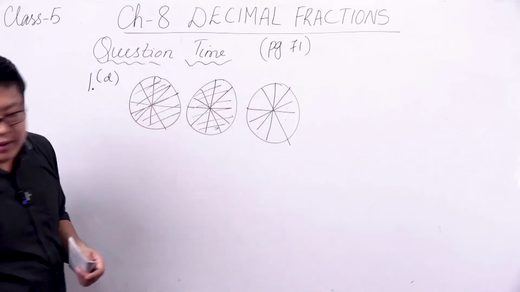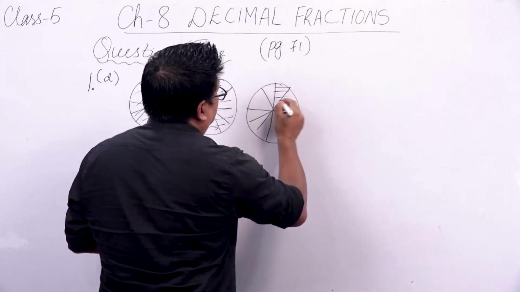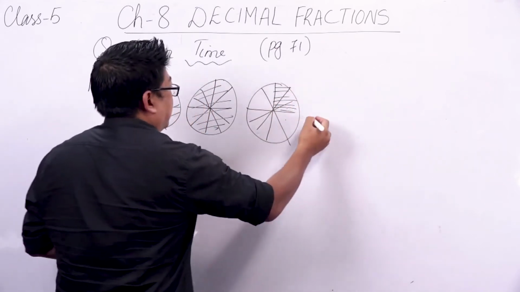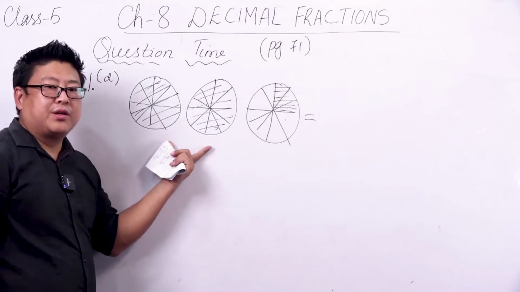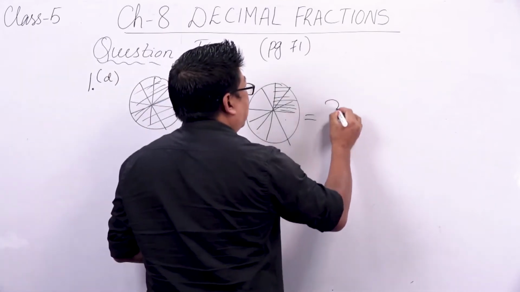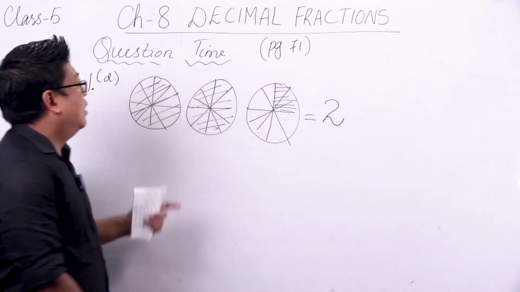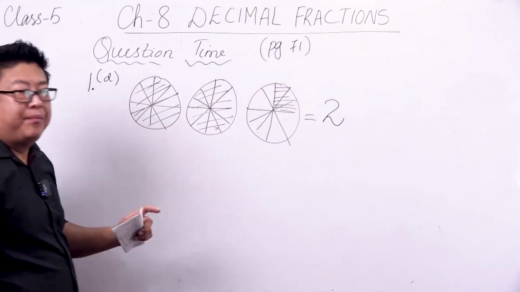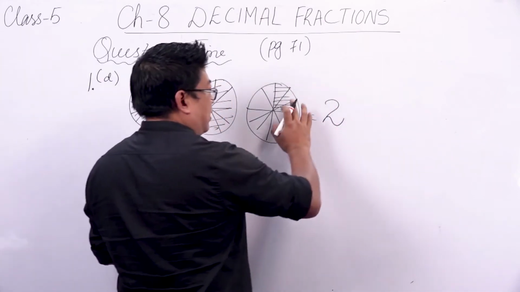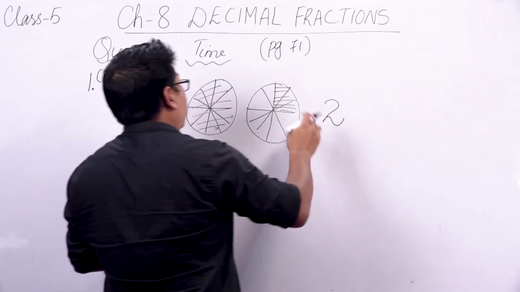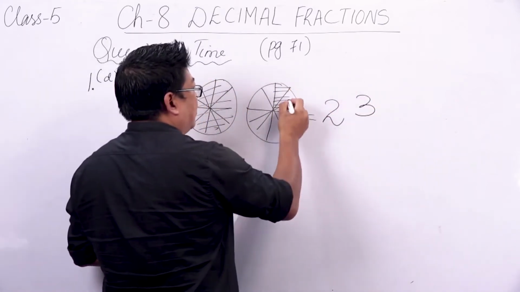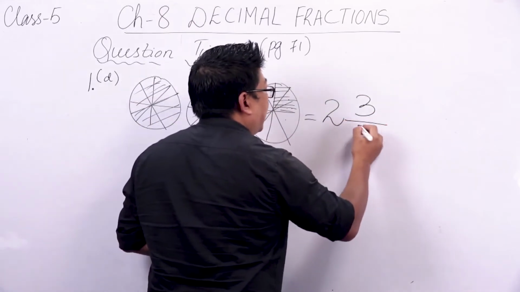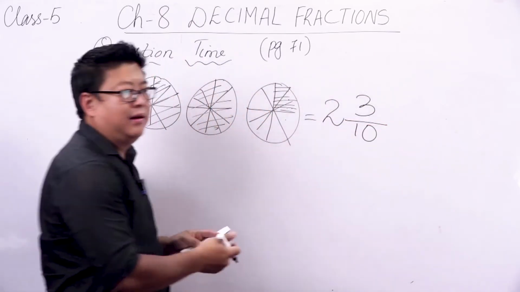And the third one is shaded only 3 parts. So what we will do is, these 2 circles will be denoted by a whole number 2. 1, 2, okay? So 2 circles, all right? And in this part we have 1, 2, 3 parts shaded out of 10. Right?